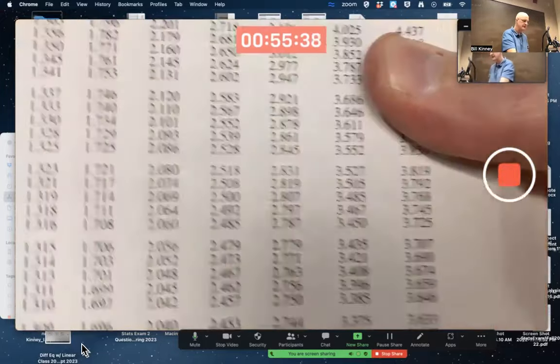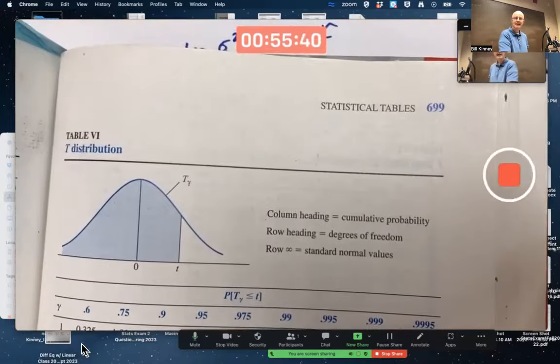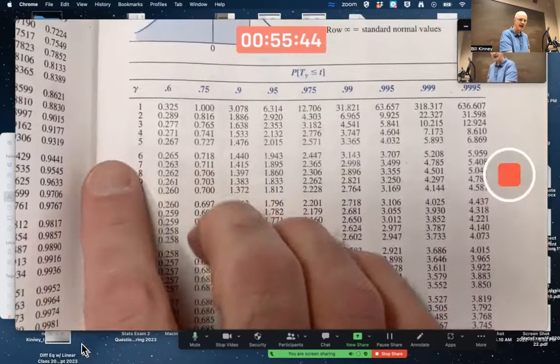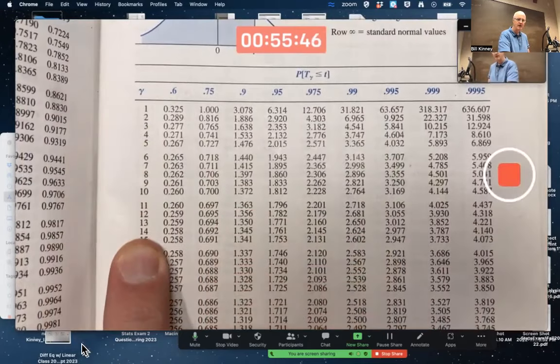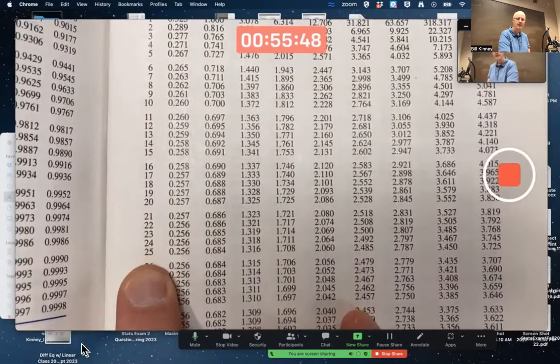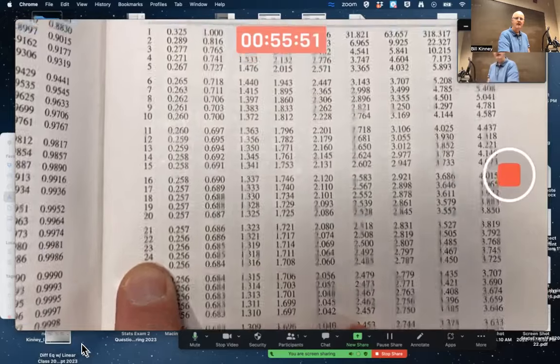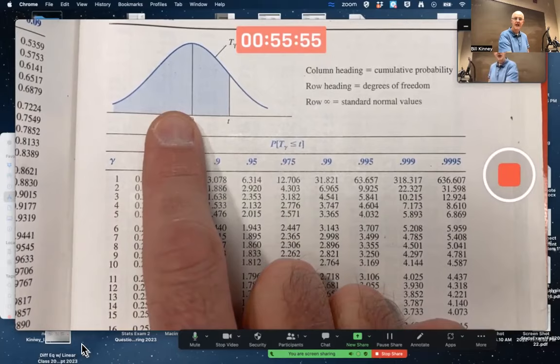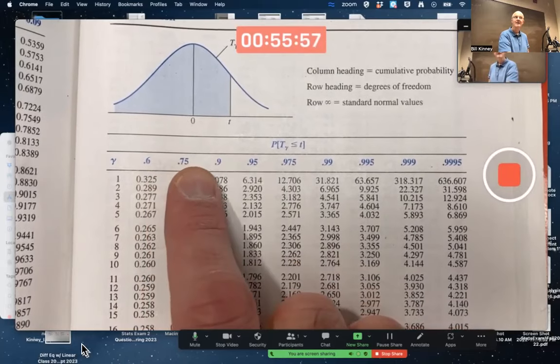What about the table in the back of the book for the t distribution? Here it is, page 699. T distribution. There's the gamma. This is the degree of freedom column. We're looking for 24 degrees of freedom right there. These numbers are areas to the left.